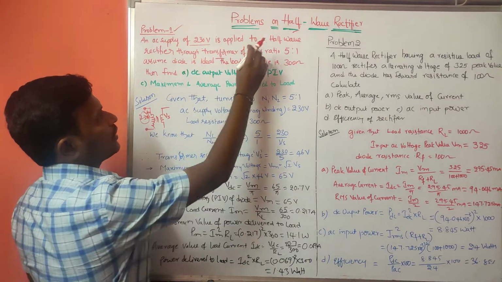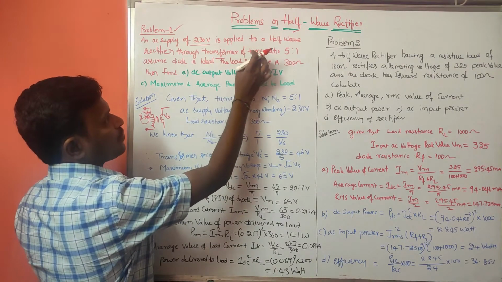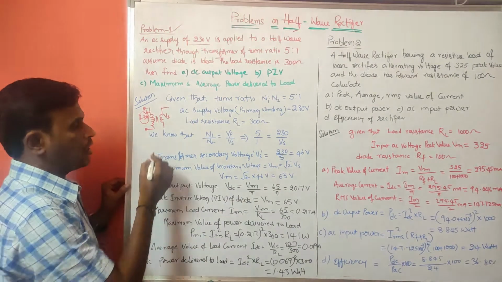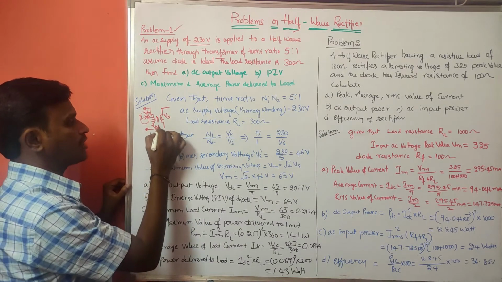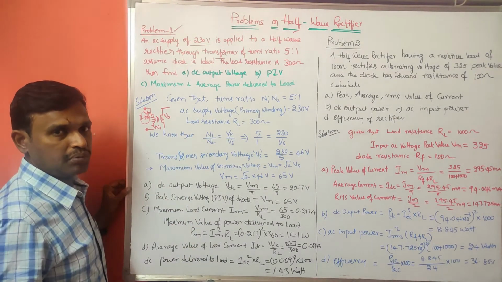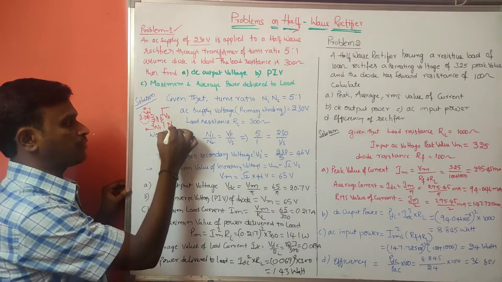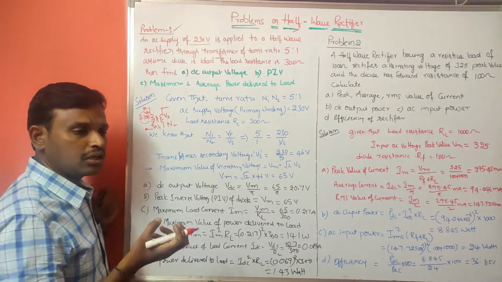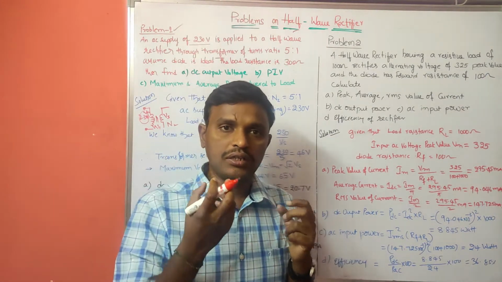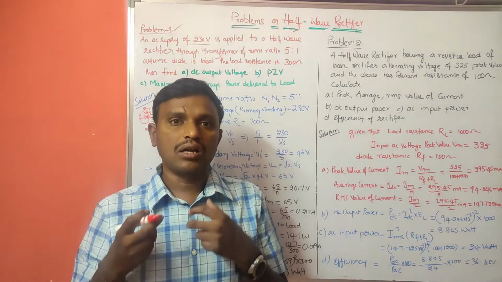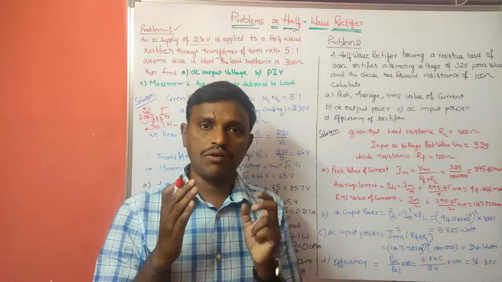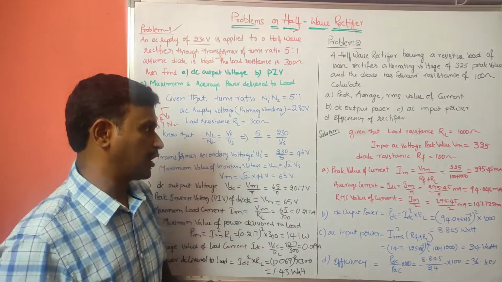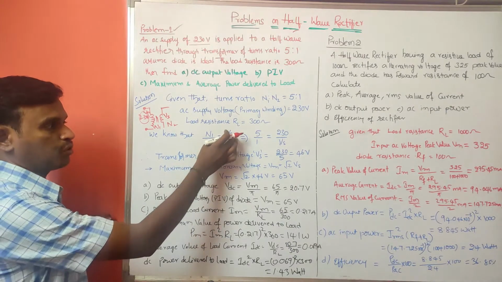If this one is the primary winding and this one is the secondary winding, N1 is the number of turns in the primary winding and N2 is the number of turns in the secondary winding. The relation between the voltages of the primary and secondary windings and their turns ratio is N1 by N2 is equal to Vp by Vs.